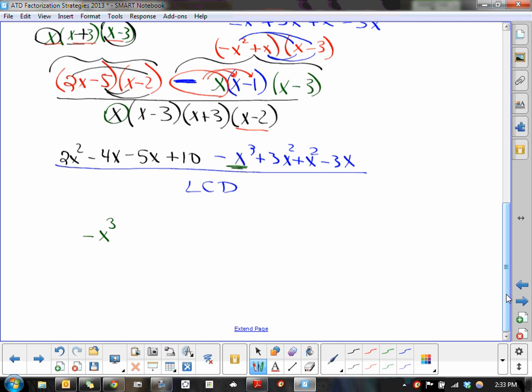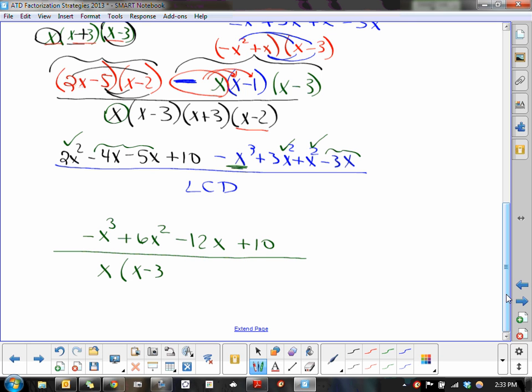So x cubed first, then how many of those x squared do you have? 6x. So plus 6x squared, then minus 9 and minus 3, minus 12x, plus 10. Now you get the joy of writing down your LCD again.